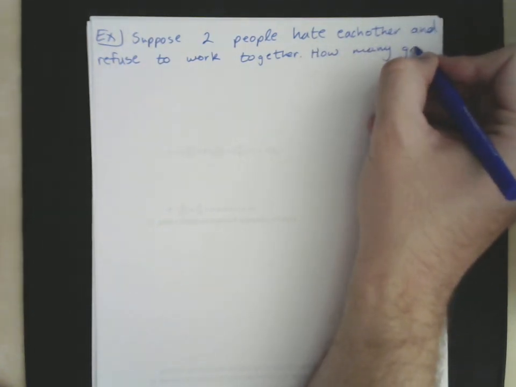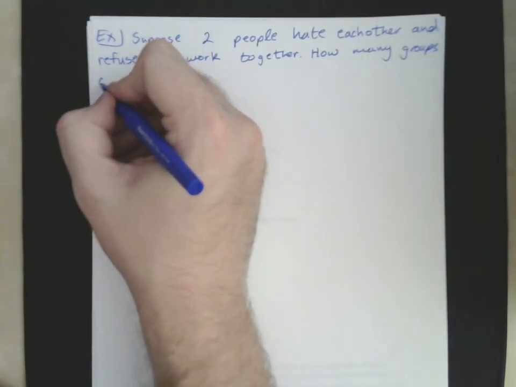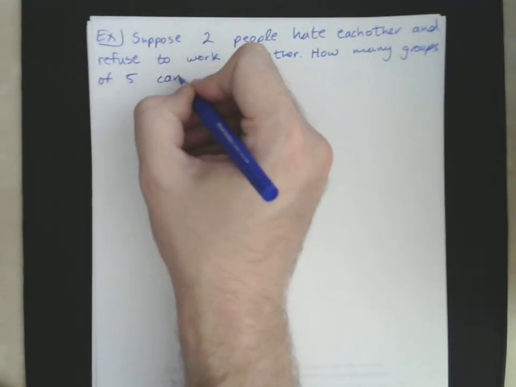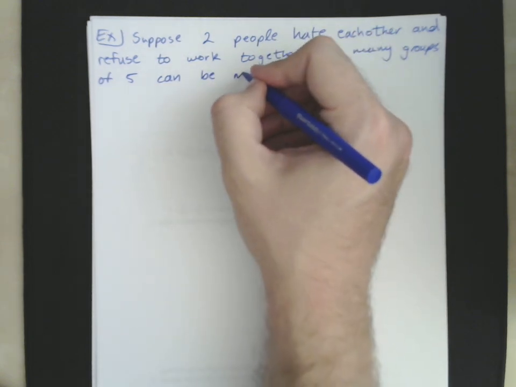How many groups of 5 can be made from the 12?